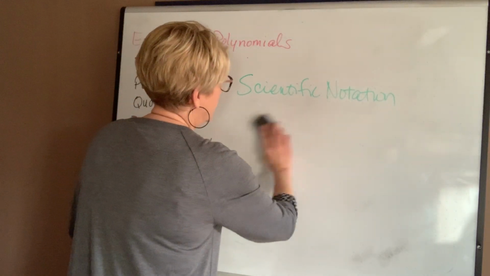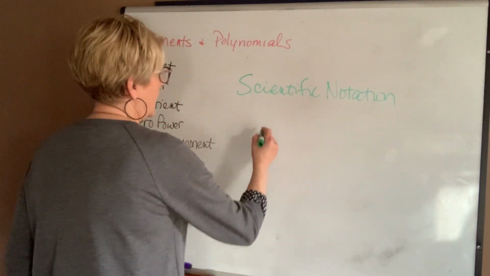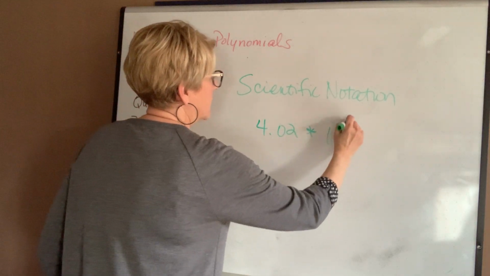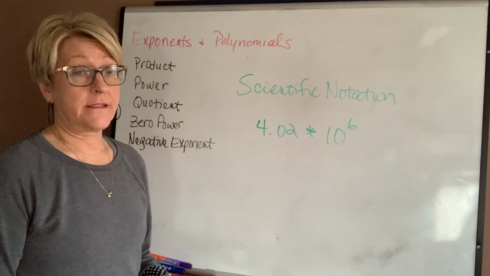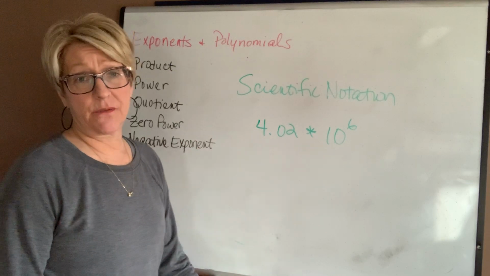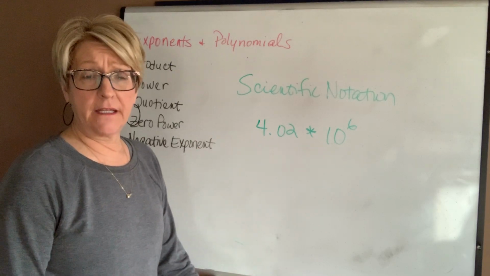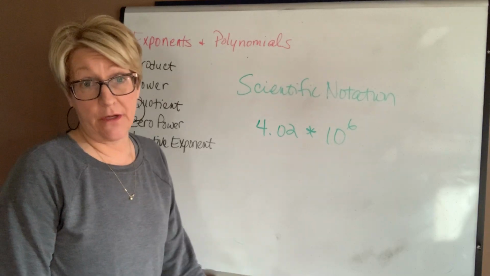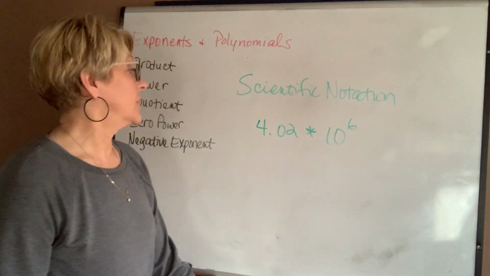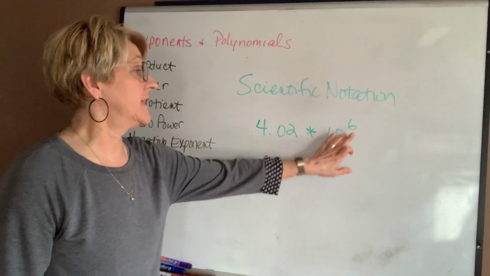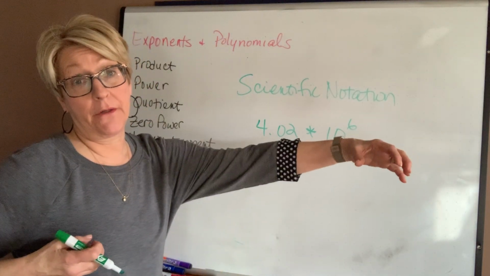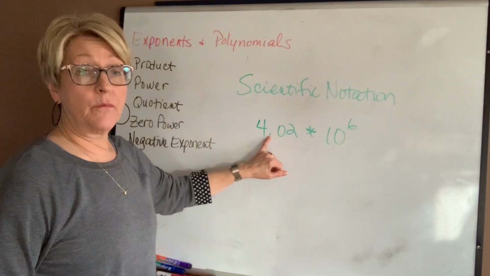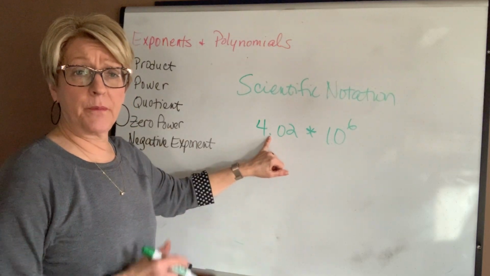Let's go backwards. Let's take a number that's in scientific notation and rewrite it in standard. Standard notation is just a plain old number as we know it, okay? So you know that multiplying something by 10 to the 6th power is making your number bigger, right? So we're going to take that decimal and move it which direction to make our number bigger?